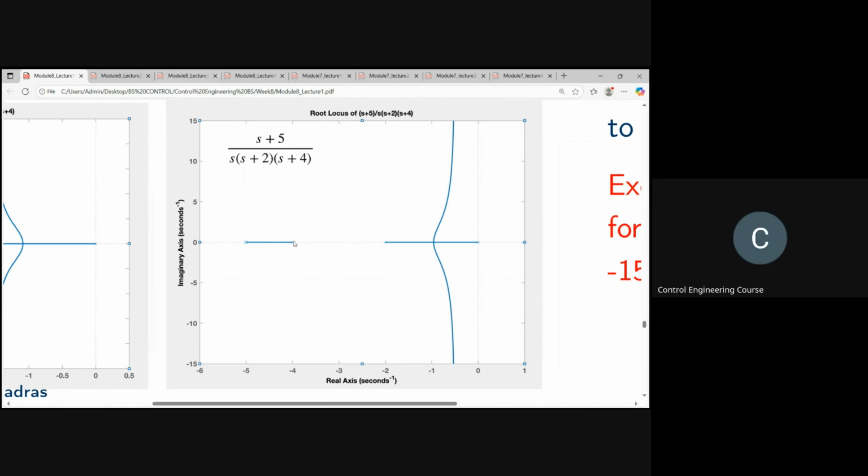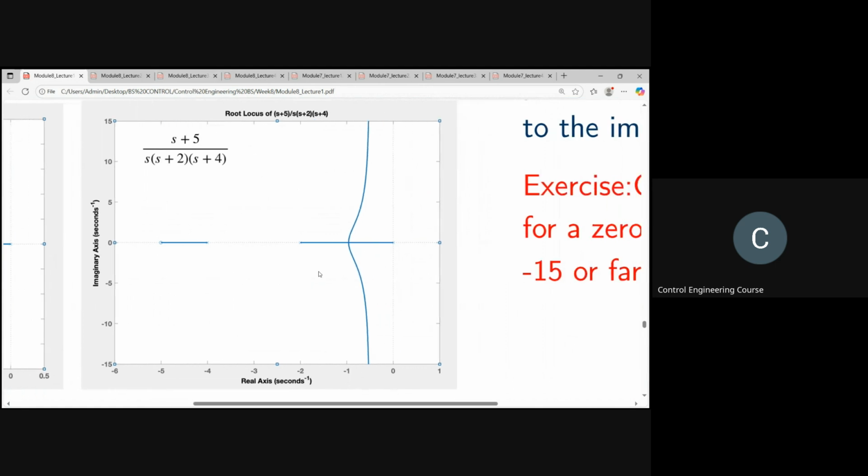It starts at -4 and ends at -5, where the zero is. -4 is the open loop pole. Yes, sir. So -5 is at about 4 times -1.5, right? If you put the zero at -6 or -7, it will be okay. Correct? Yes, sir. So you see that adding a zero at the right place will satisfy what you want. The trick is adding a zero at the right place.